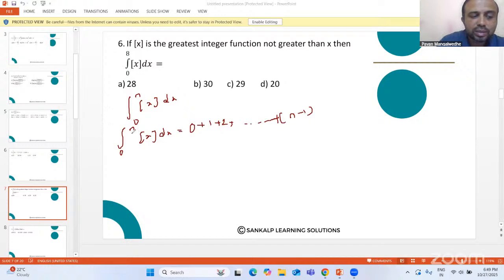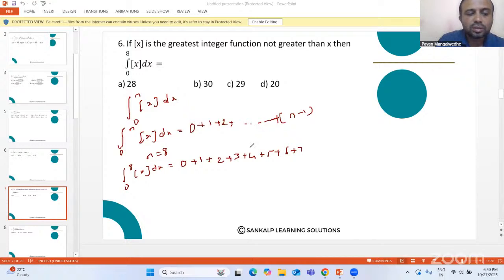Where n, you can treat it as 8, because we replaced n by 8. So now the integration of 0 to 8 of x dx is equal to 0 plus 1 plus 2 plus 3 plus 4 plus 5 plus 6 plus 7, till these 8 terms we have included.